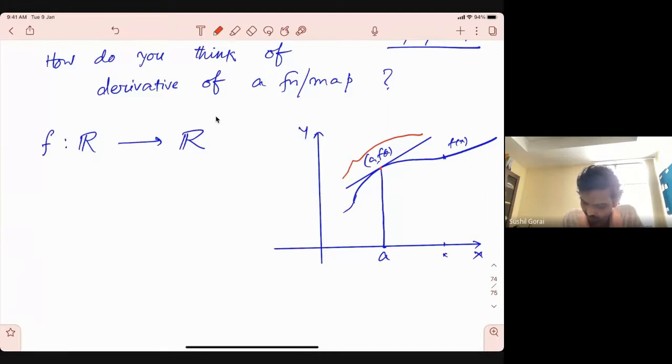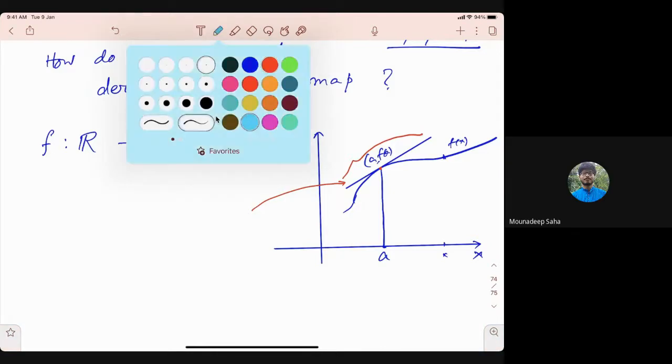So what is the equation of this line? Monodeep, can you tell me what the equation of this line is?